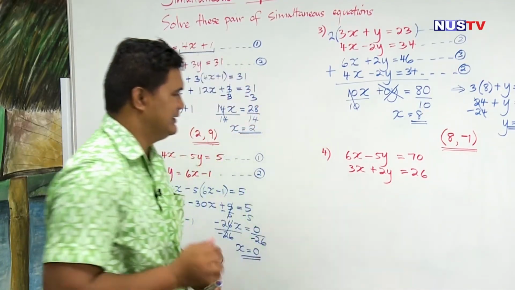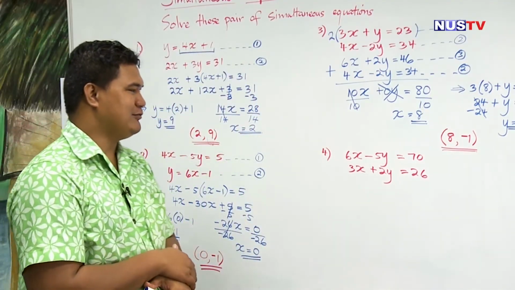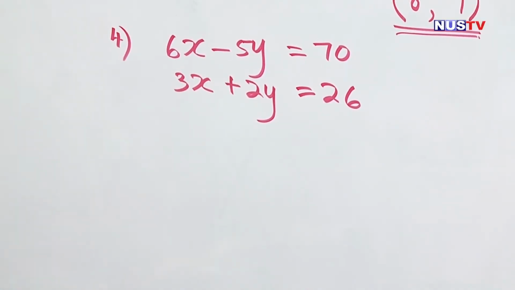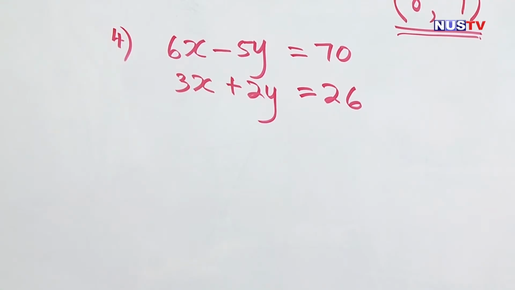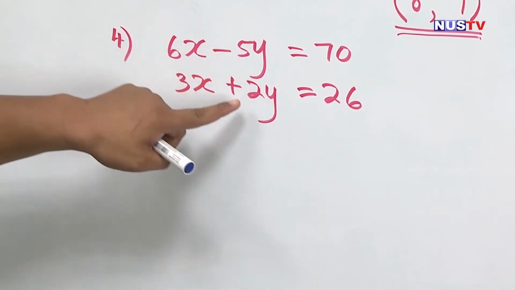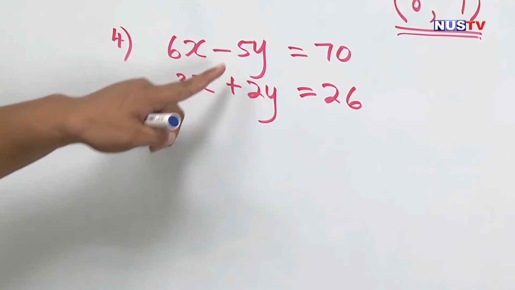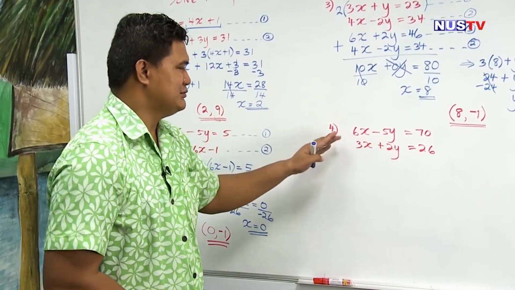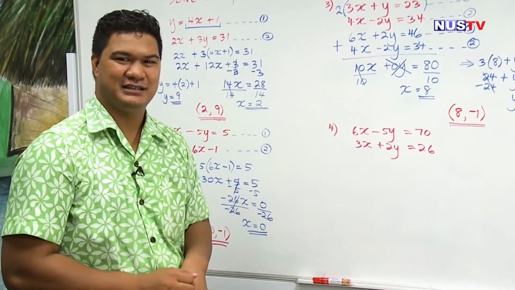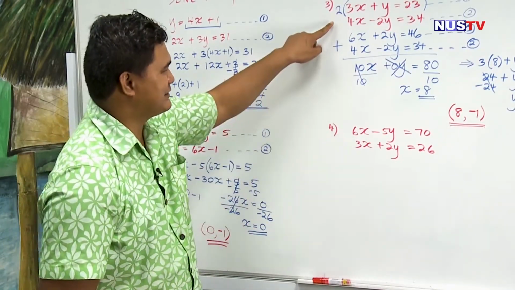The next one is 6x minus 5y is equal to 70. And the other one is 3x plus 2y is equal to 26. As you can see here, it's quite hard to find a way to multiply one of the equations in order to unify, like what we did here.